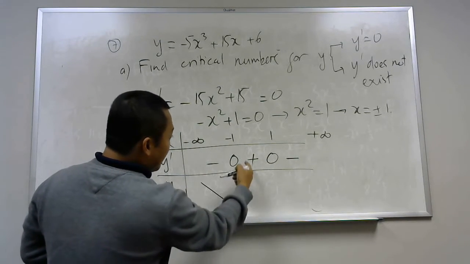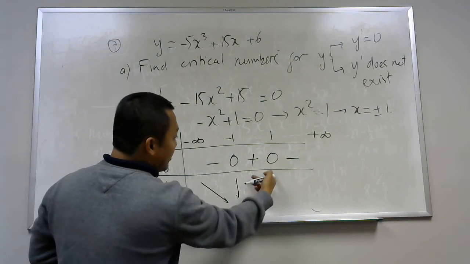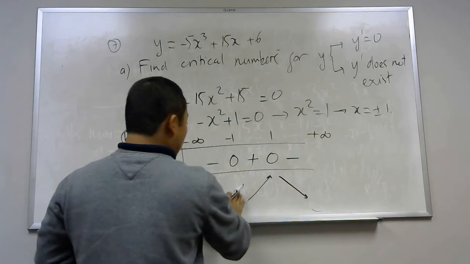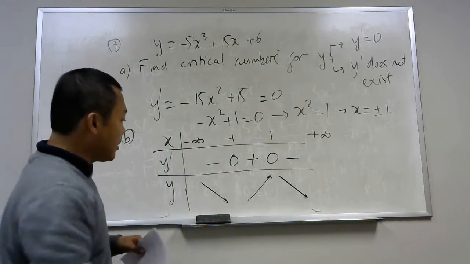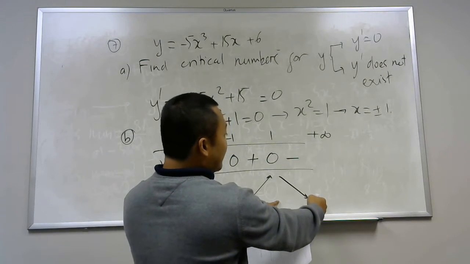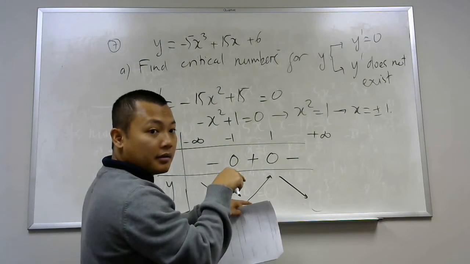And here, the derivative is 0. It changes sign, goes up, and then goes down. Based on this, you can make the conclusion. In this interval, and in this interval, the function is decreasing. And in this interval, the function is increasing.